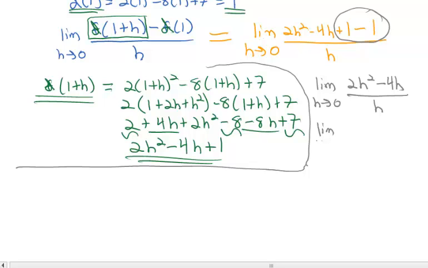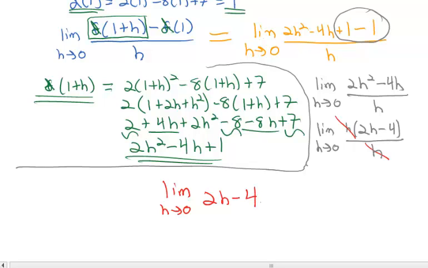So we have the limit as h goes to 0 of h times (2h minus 4) all over h. And now the h's divide out, and we're left with the limit as h goes to 0 of 2h minus 4.